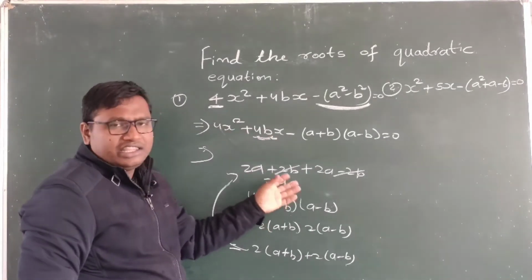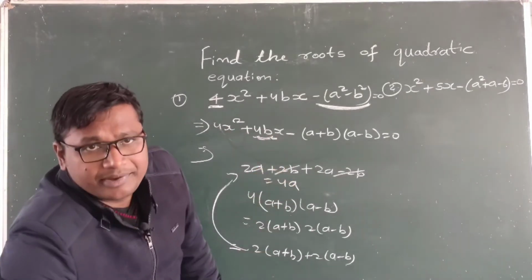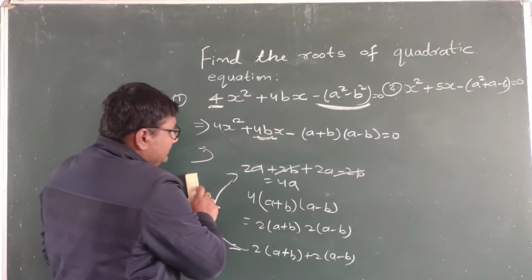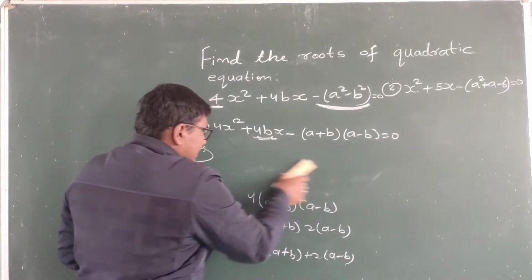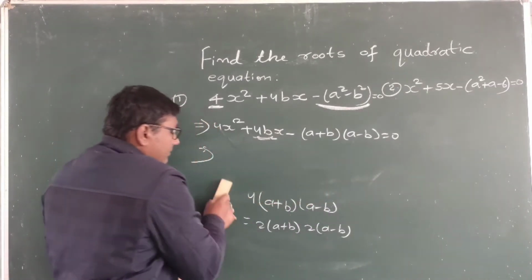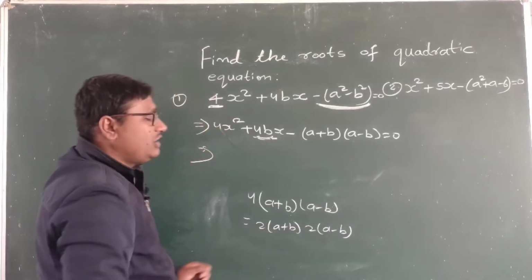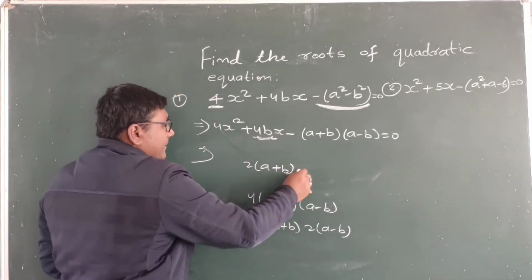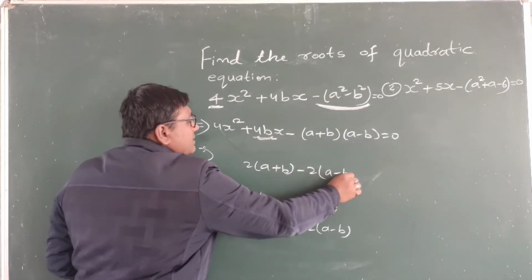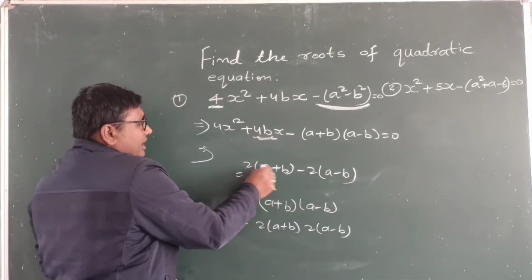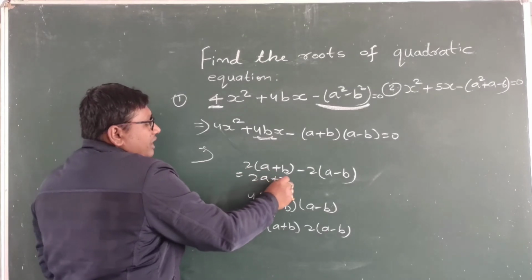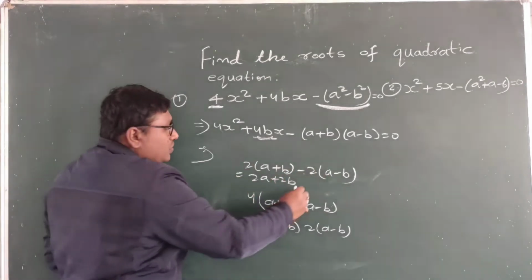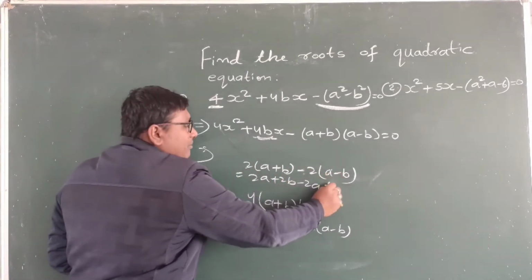We need to subtract these two terms. Now I am subtracting these two terms. You see, when I subtract these two terms, what do we get? We get 2a plus b minus 2a minus b. Now multiplying, 2a plus 2b, minus 2a, minus minus plus 2b.